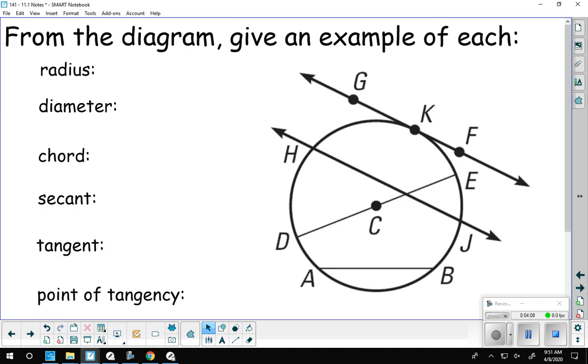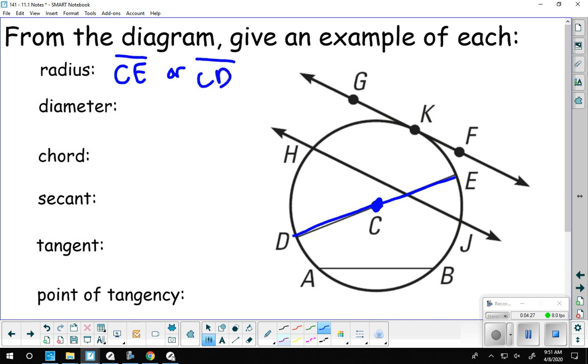From the diagram, give an example of each. So a radius, there's a couple different ways you could answer this one. We could have radius CE, or you could have radius CD. Okay, so those are both a radius.